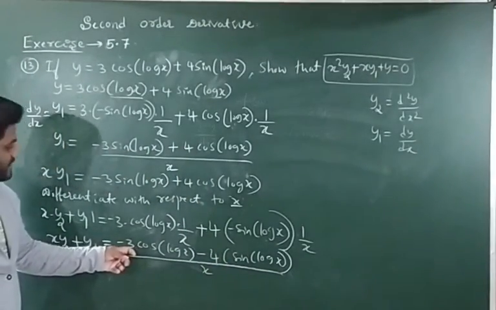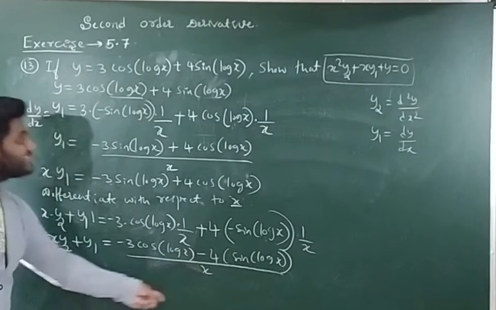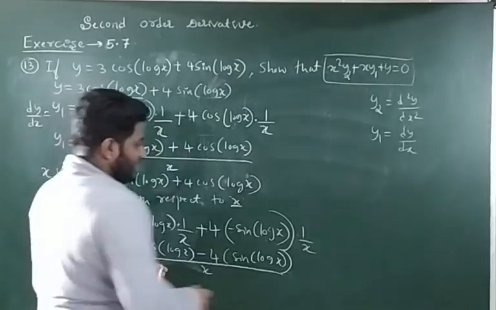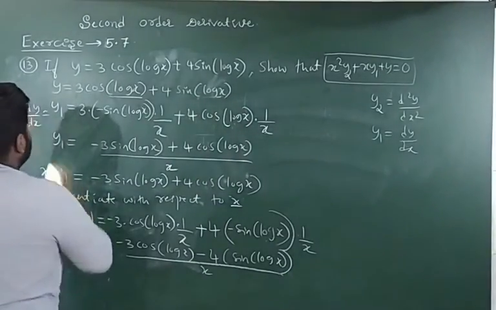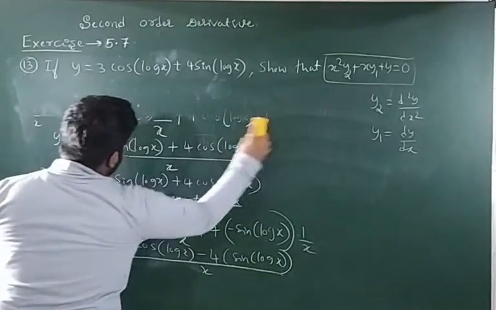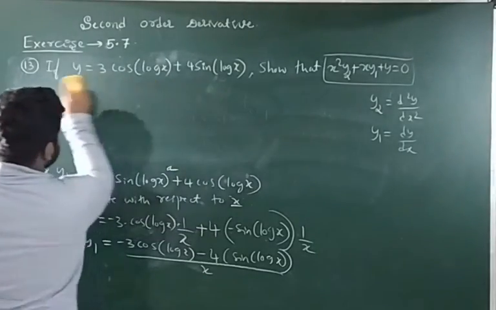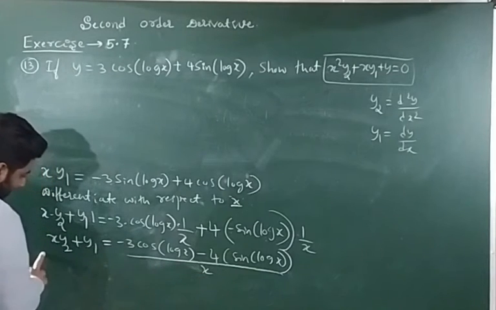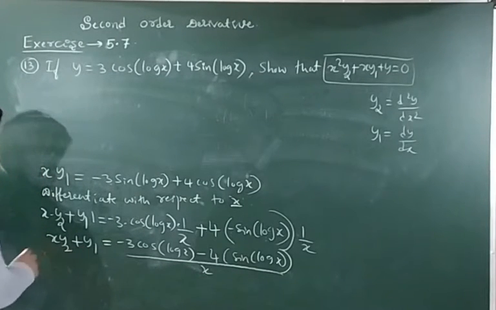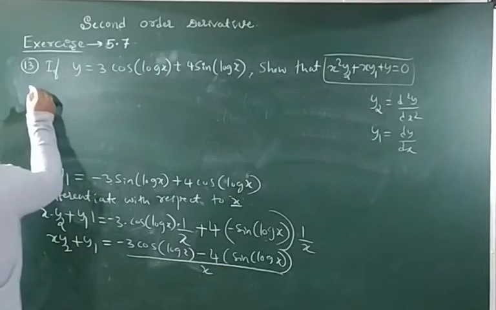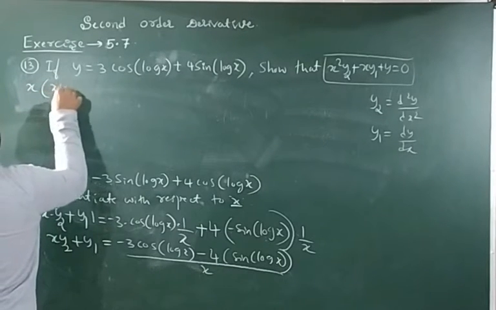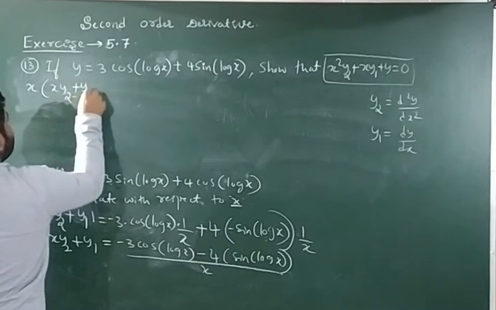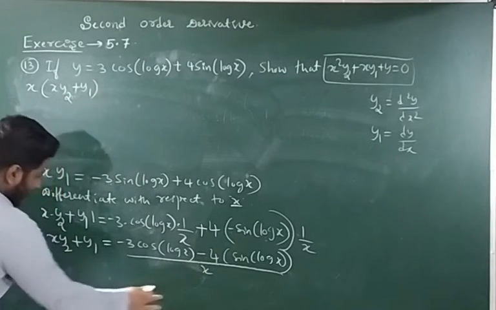So you can take a common minus term here, and take this x to this side, so that it becomes multiplied by these two terms. x into x y2 plus y1, x square y2 plus x y1, because this x is taken this side.